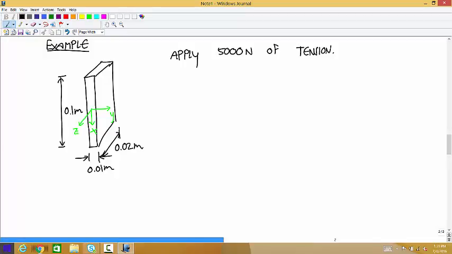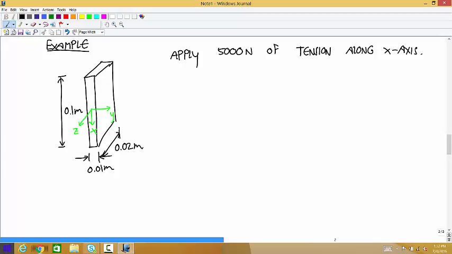So we're applying this tension along the x-axis. We're usually going to use, it won't really matter yet, but later on we're always going to put the x-axis along the direction of tension.